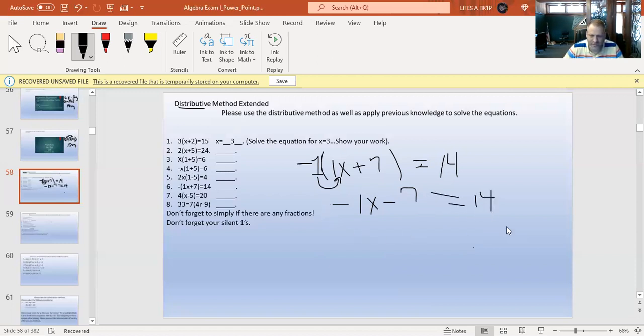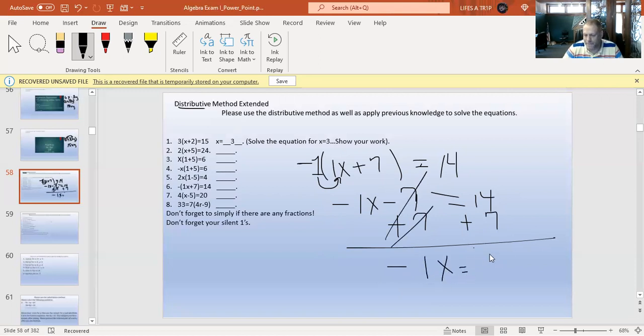All right, this is familiar territory right here, isn't it? So inverse operations, and cancel. Negative 1x equals 21. We have to get x by itself. Now remember, this was a silent 1, right? I'm going to show you what it looks like without the silent 1, because that's how it's going to be presented in your course material.